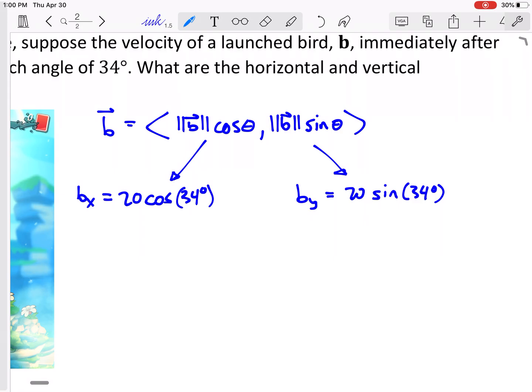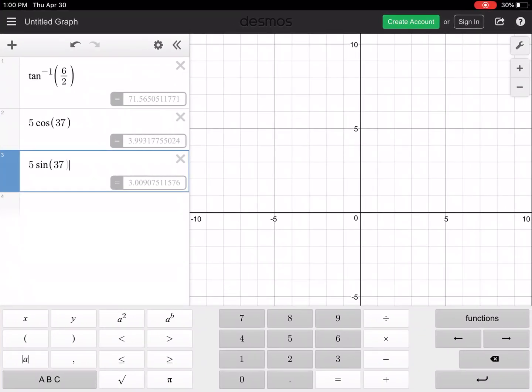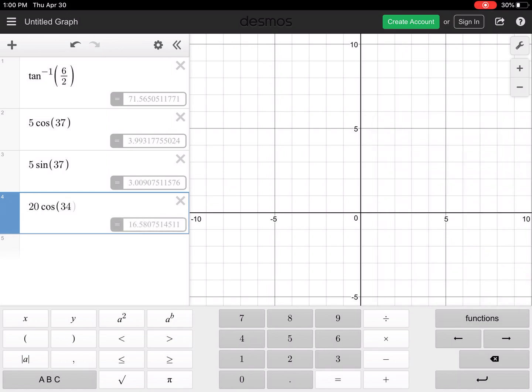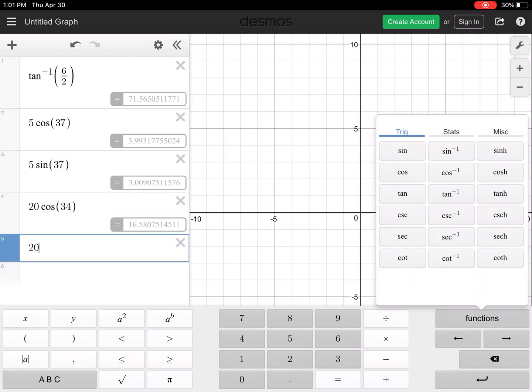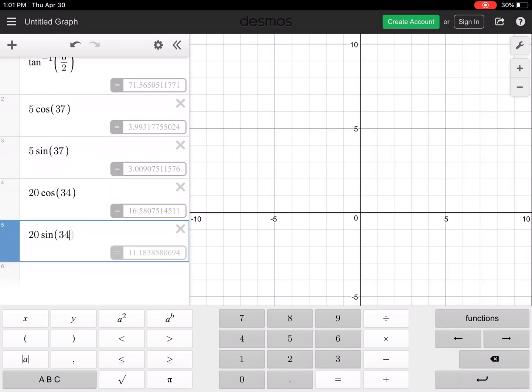And let's go to Desmos to calculate those. 20 cosine 34 degrees gives us 16.58, and 20 sine of 34 degrees gives us 11.18. I'll round those just to three significant figures, so 16.6 and 11.2.